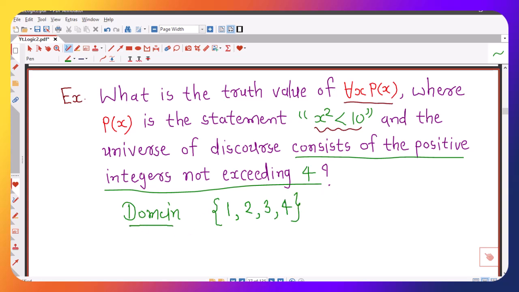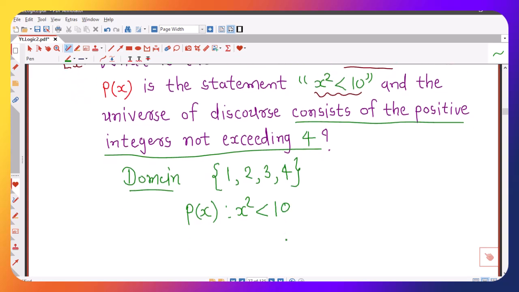So this is the domain for this quantification, and the statement function is x square is less than 10, and we have to check whether for every x, P(x) is true or not.